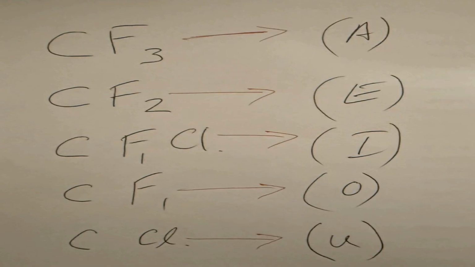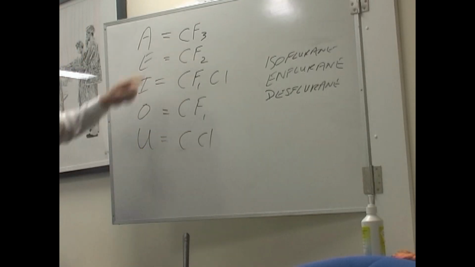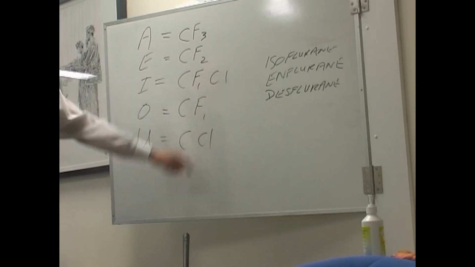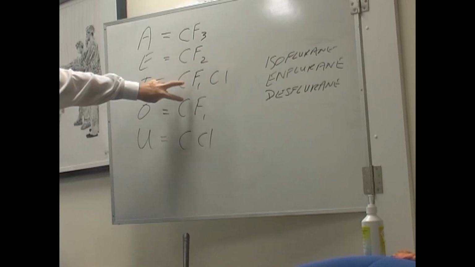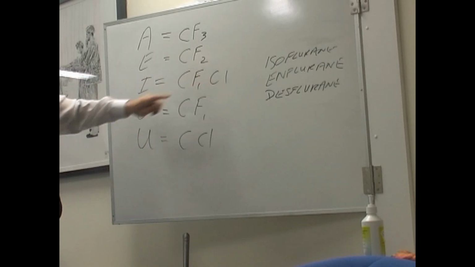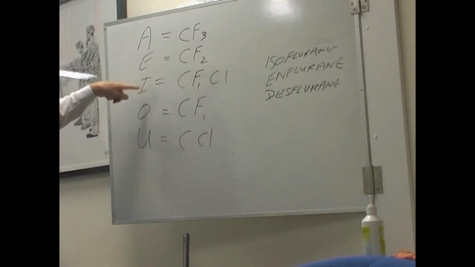So what I've done is worked out a word that reflects each of these, and because there's 5 possibilities here, I have these equating to vowels in my code. So A, E, I, O, and U. So as you go A, E, I, O, U, progressively reduce the fluorides. And when there's 2 single fluorides, the one with the chloride, which gives potency, pushes in and comes in first.